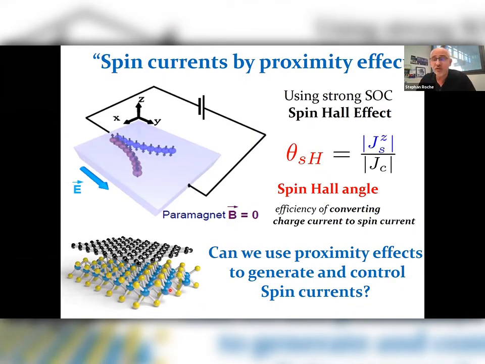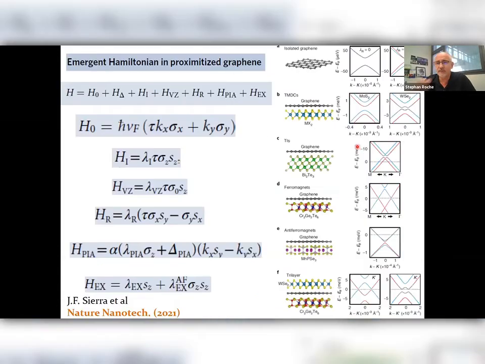So one of the questions we addressed was how this type of interfacing could indeed bring an enhancement of spin properties and overcome the limitation of the previous materials and the previous rule I've just mentioned. To investigate this, we first studied theoretically the capability of these interfaces to generate large spin Hall currents.